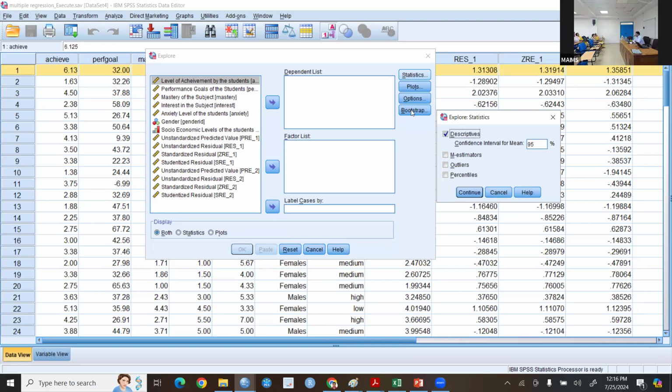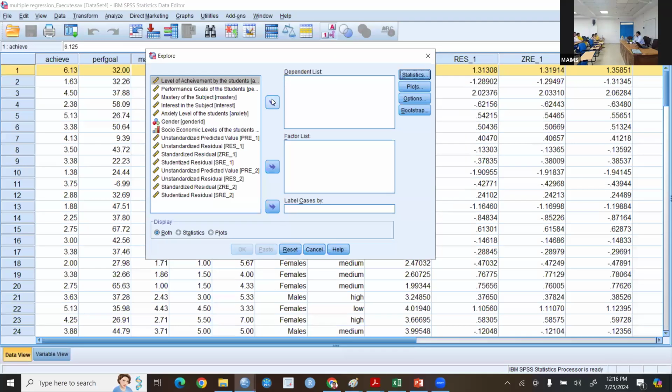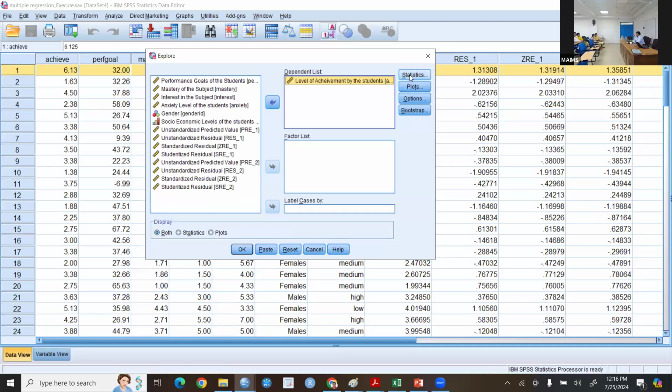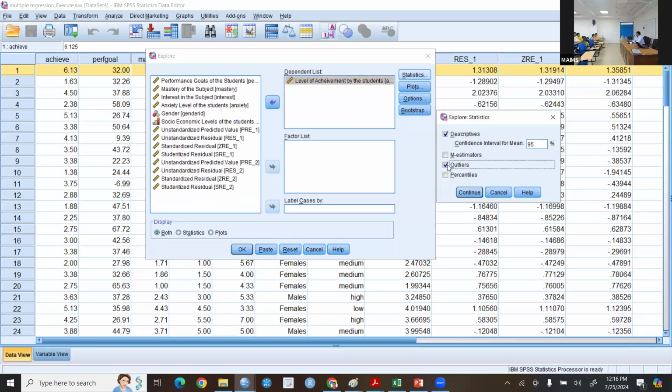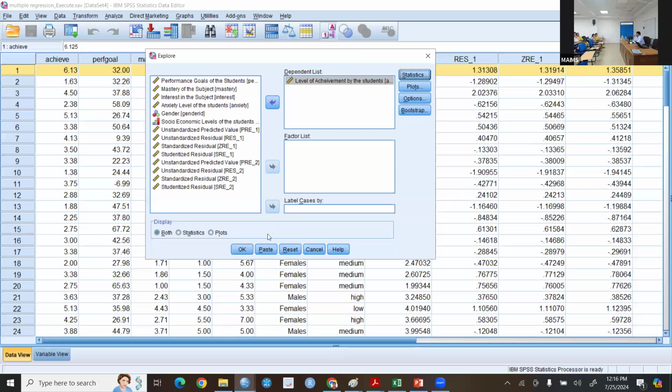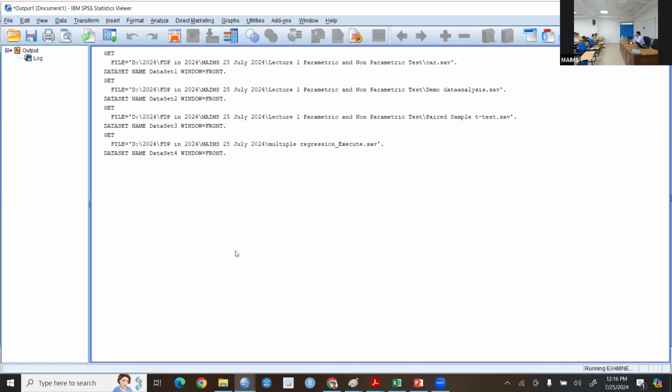So outliers, you see the dependent variable. Dependent variable is level of achievement. You can put level of achievement on the dependent variable list, and then you can click on the outliers. First of all, you need to find out the outliers.